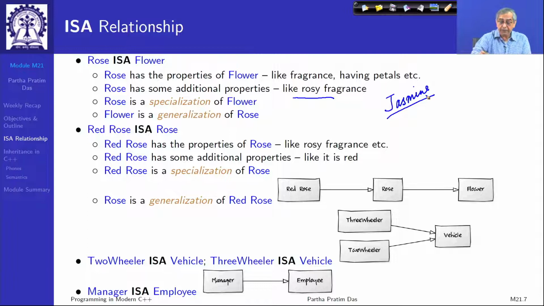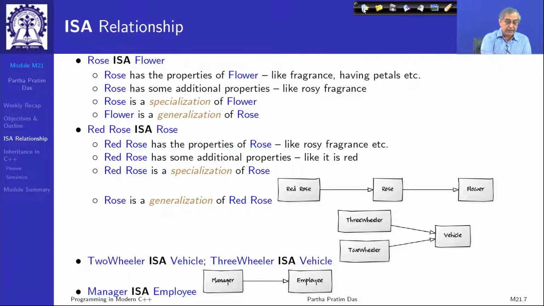So, in this situation, we say that rose is a specialization of flower. Rose has the properties which a flower will always have, but may be distinct from another flower like jasmine. And flower is a generalization of rose. It talks about certain generic properties of rose, but may not address all the properties of rose.